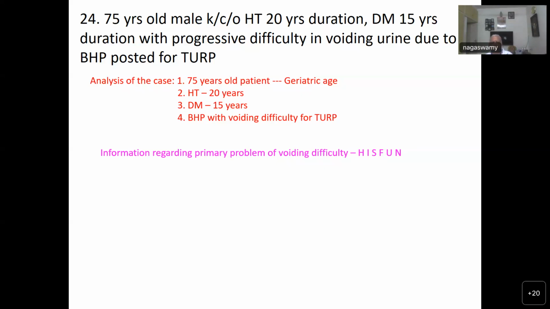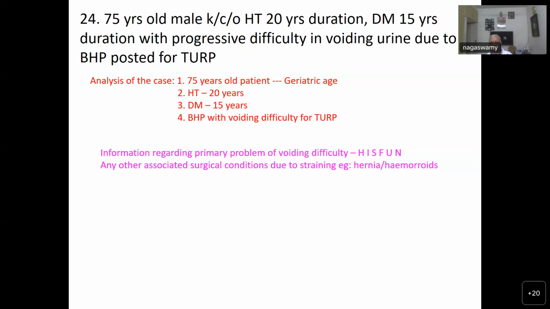H stands for hesitancy, I stands for intermittency, S stands for small stream or thin stream, F stands for frequency, U stands for urgency, N for nocturnal urination, and there should also be a D, which is dribbling. Sometimes the patient gets dribbling. So HISFUND is the mnemonic that you can remember to describe the various problems of urination.